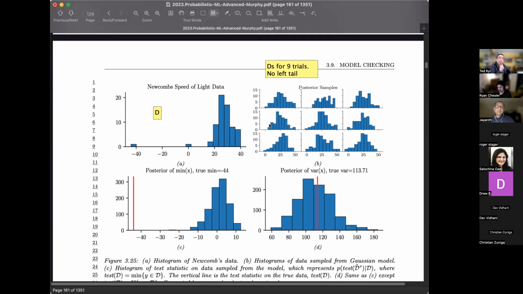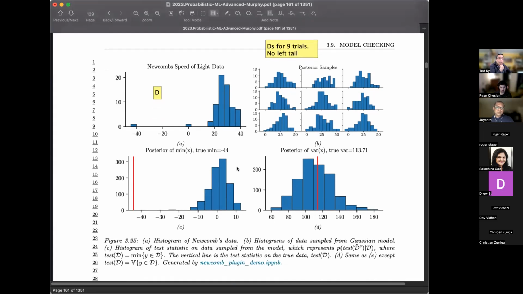If you compute the minimum for each of these, you end up with a distribution like so, and the actual minimum is -44. So you're not capturing the minimum. If your metric is the minimum, the models don't capture it.